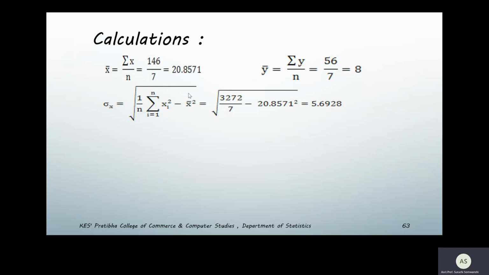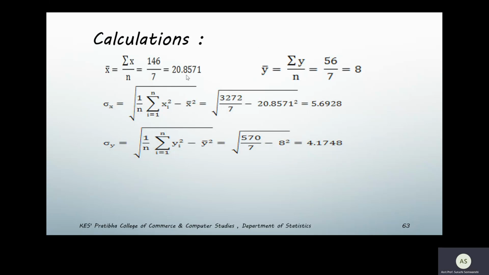Taking the square root of this expression, we will get 5.6928, which is the standard deviation of x. Similarly, we have to calculate the standard deviation of y. The formula is the square root of 1 upon n summation yi square minus y bar square, which equals the square root of 570 upon 7 minus 8 square, which equals 4.1748.